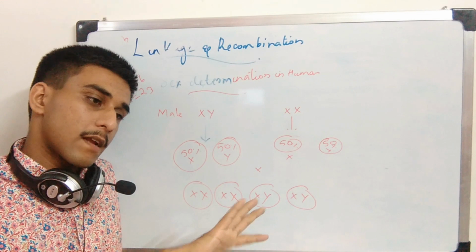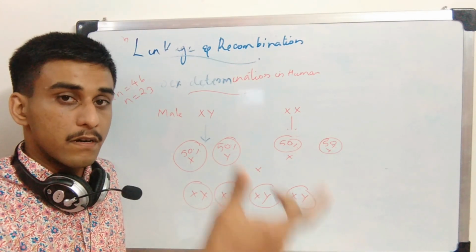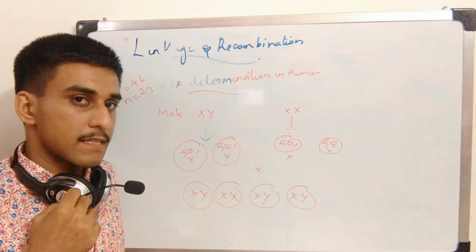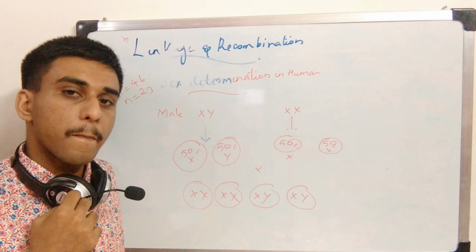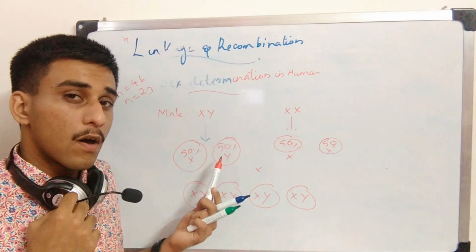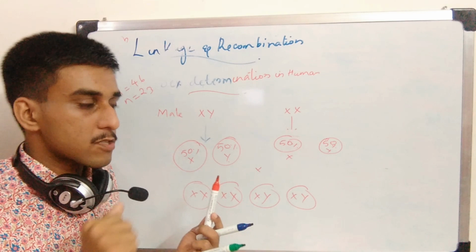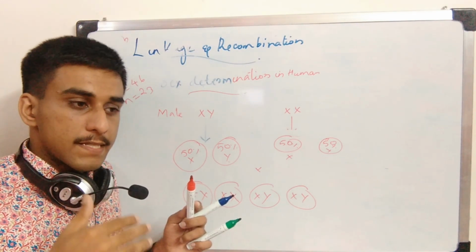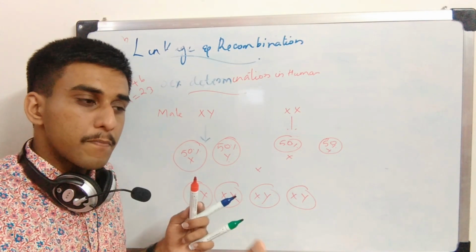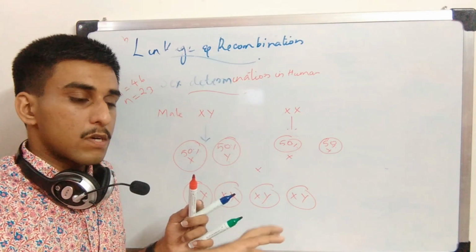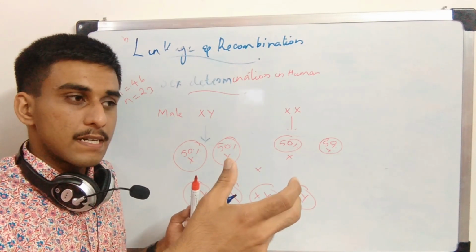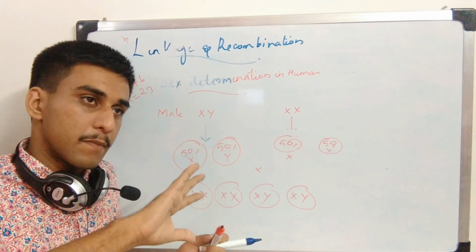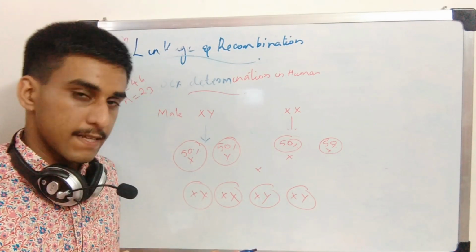So actually this 50% chance is donated from the father, because the father has two different types of gametes, while the mother only has XX. So the determining factor for whether the progeny will be a daughter or a son is the father's gamete, because the father has 50% X and 50% Y. I think you can understand it.